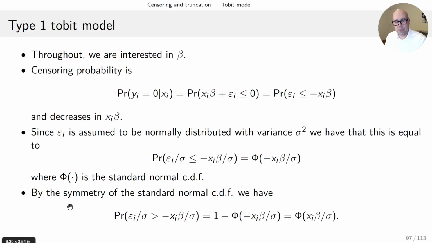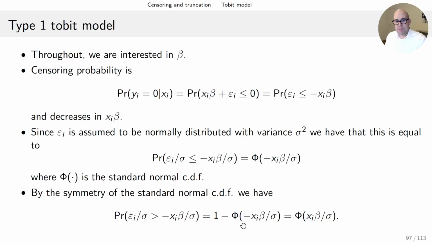Now I can also do something on top of that. I can rewrite this, and say, okay, by the symmetry of the standard normal CDF, we can also write down the probability that the observation is not censored. That would be the probability that epsilon divided by sigma is bigger than minus xi beta. That would be 1 minus the probability that it's smaller, which is what I've just derived here.